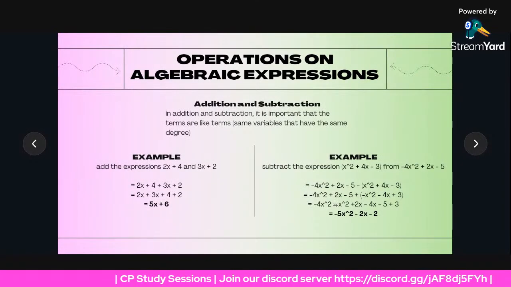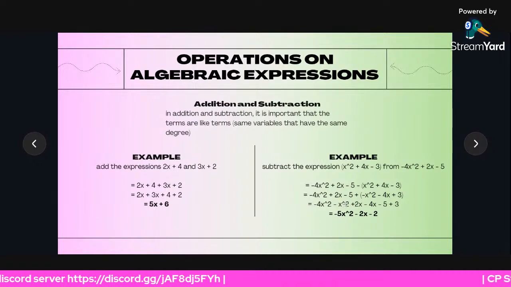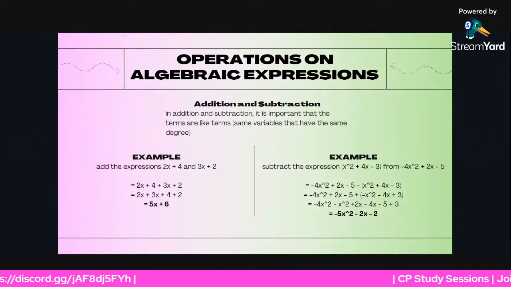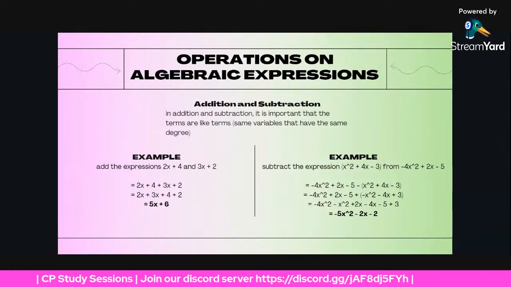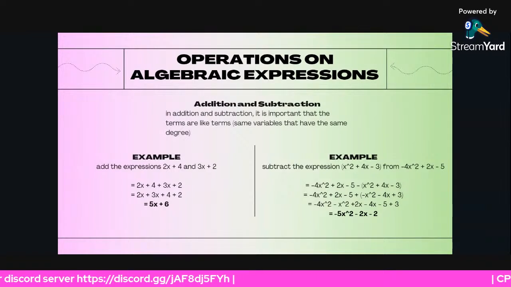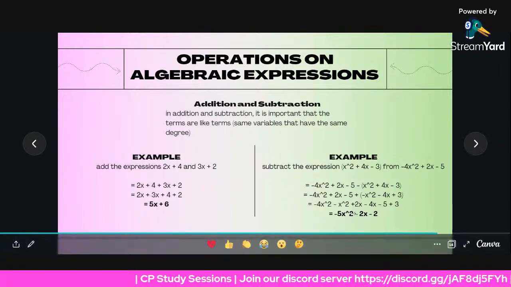Proceed tayo dun sa positive 2x minus 4x. So, as I said kanina, kapag magkaparehas, you can simply combine it. Pag magkaparehas ng signs and ng terms, you can simply combine it. Pero pag magkaiba yung signs, then you will proceed to subtraction. So, positive 2x minus 4x, 2 minus 4 is equal to 2.